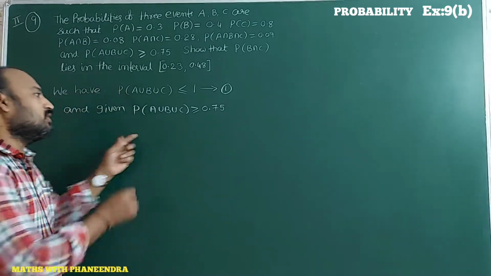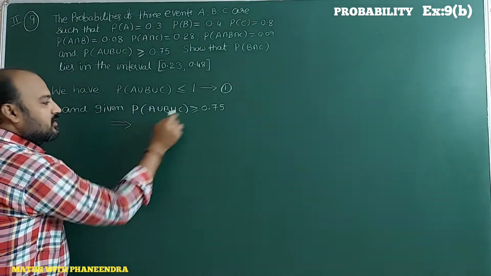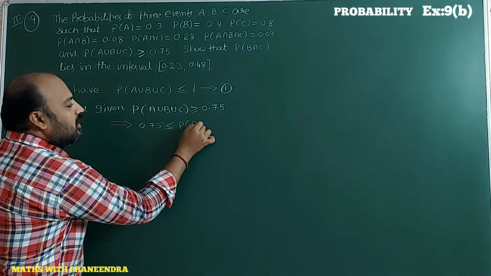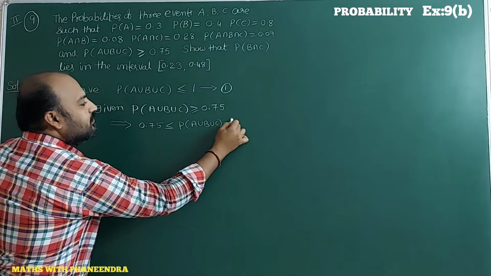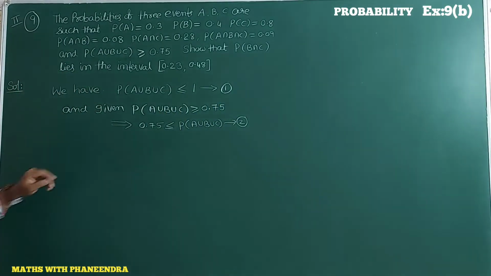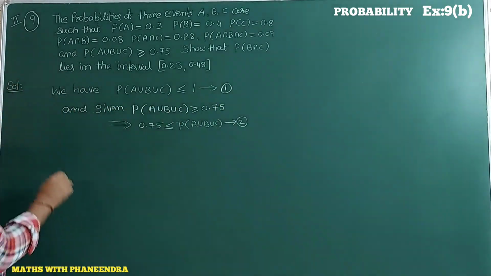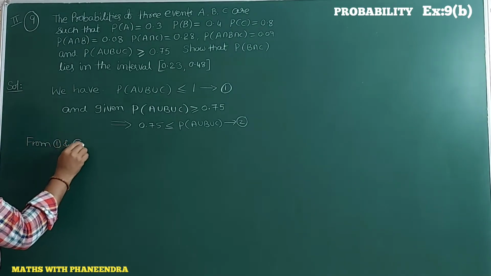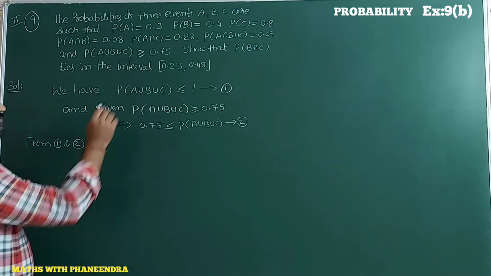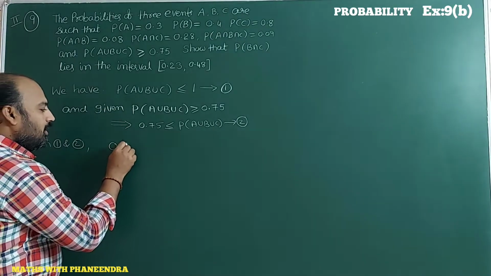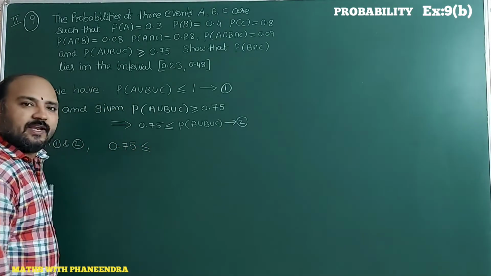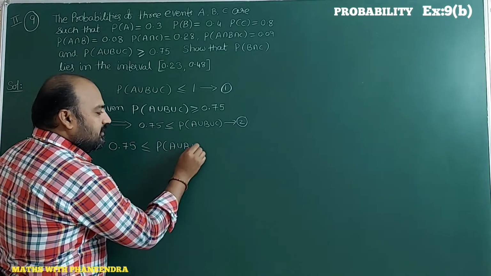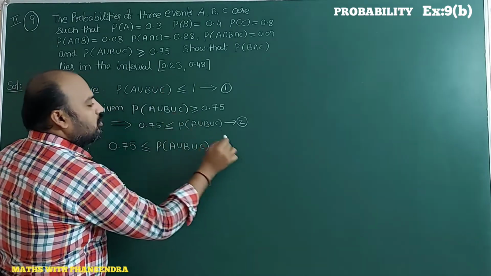So that implies 0.75 is less than or equal to P of A union B union C. We will write it. From 1 and 2, we conclude that 0.75 is less than or equal to P of A union B union C is less than or equal to 1.